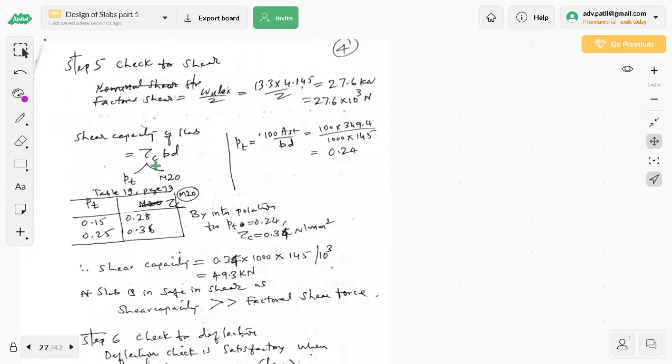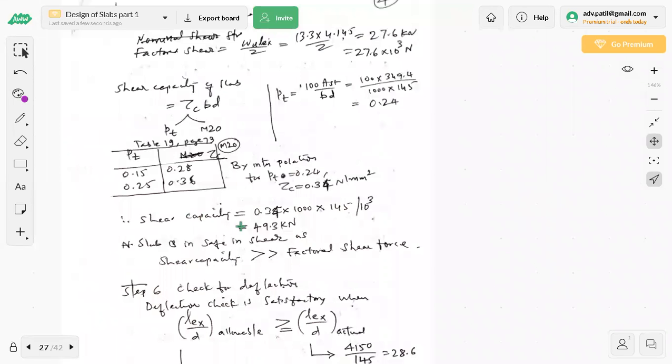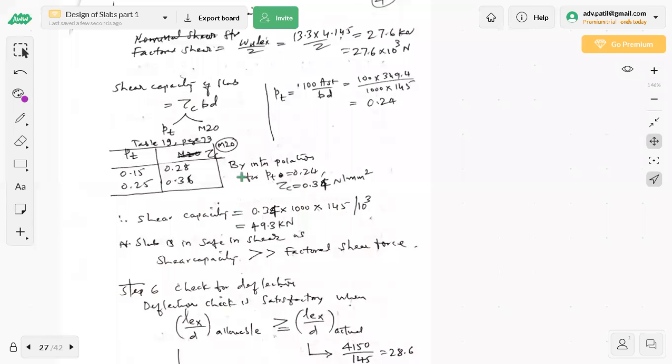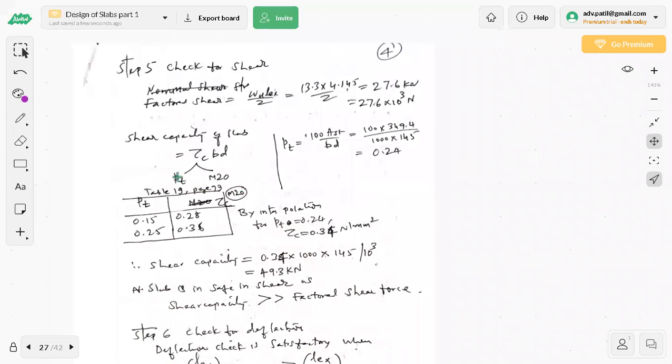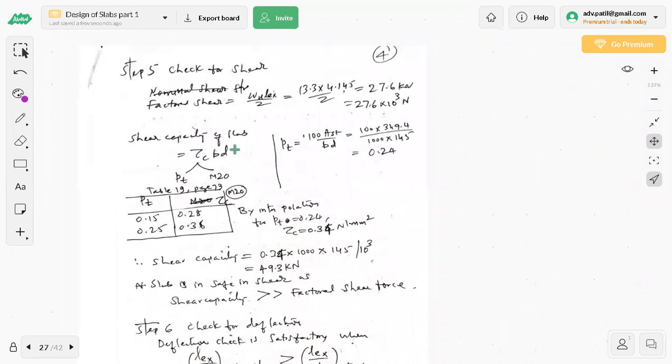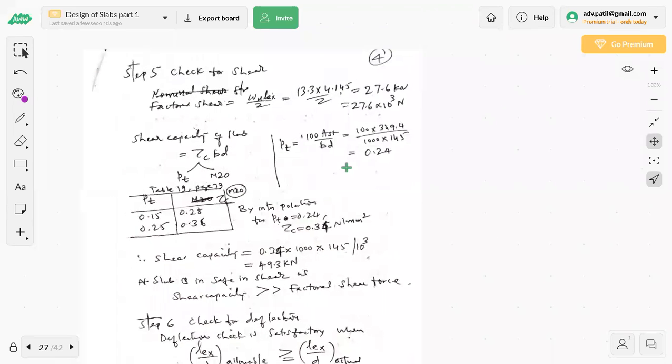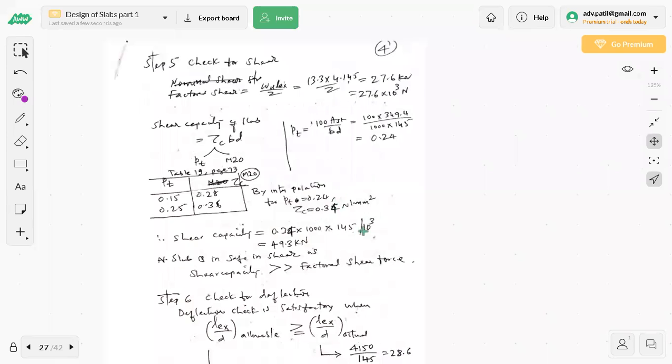Always tau_c b d will be more in case of slabs. No question of any stirrups. So don't waste too much time on shear in slabs. You have to use minimum time to say that stirrups are not required because tau_c b d is more than Vu. So no question of wasting your time here.